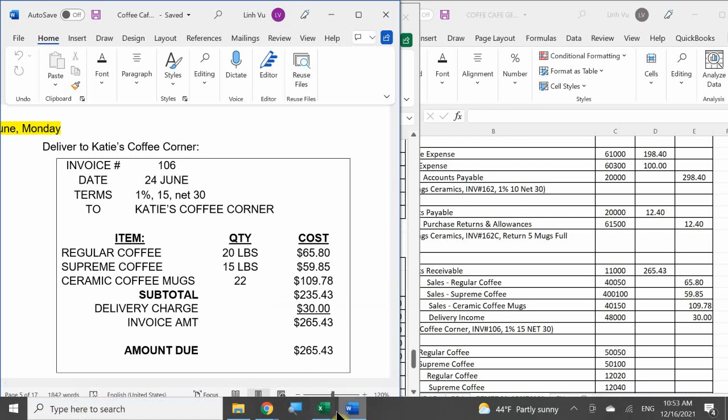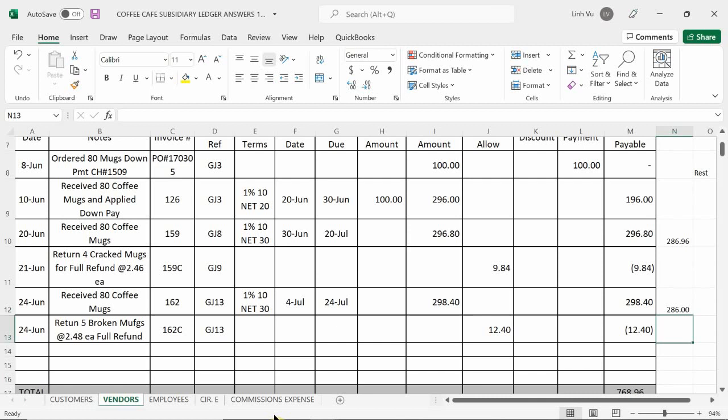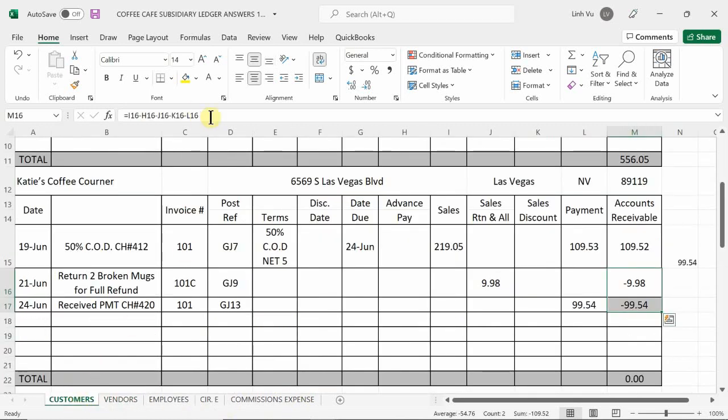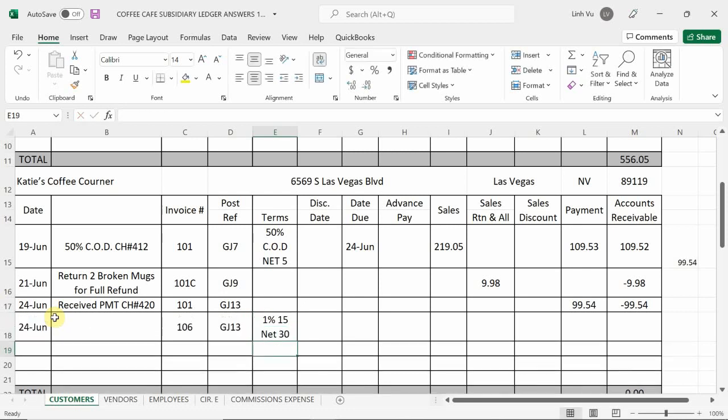All right, we've got to go to the subsidiary ledger, right, because Katie owes us money. So go to Katie's right here. 106, journal 13, and her terms are 1% 15, net 30. So when is her discount due date?